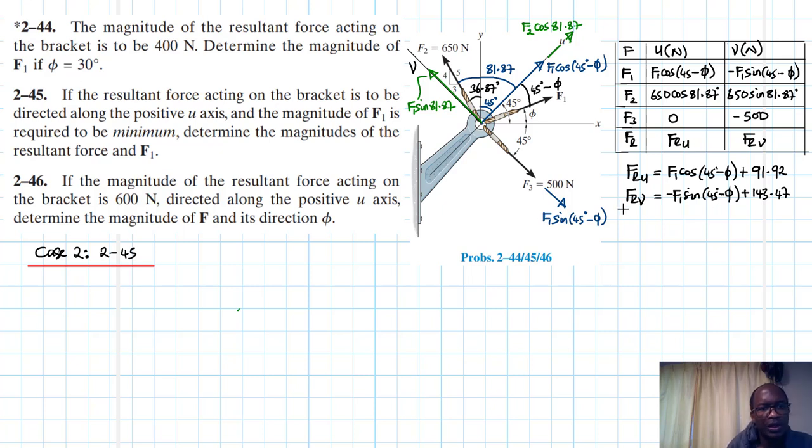So we know FRV is going to be equal to 0 newtons, right? So along the V it is 0 because the resultant is along the positive u-axis.